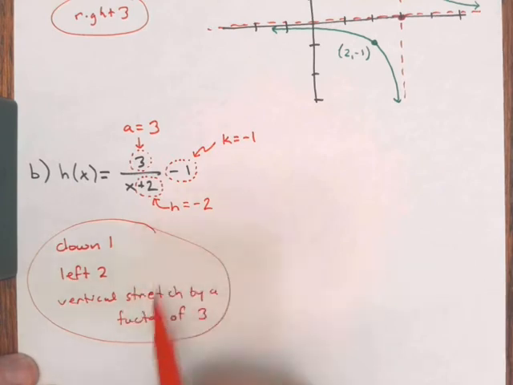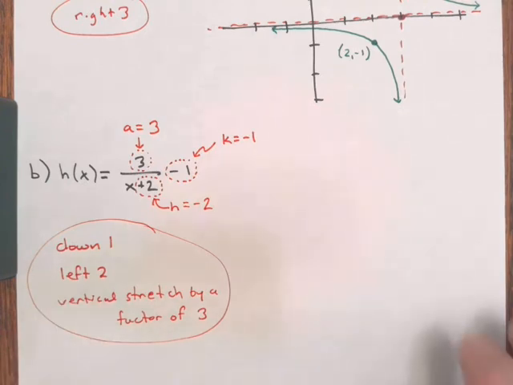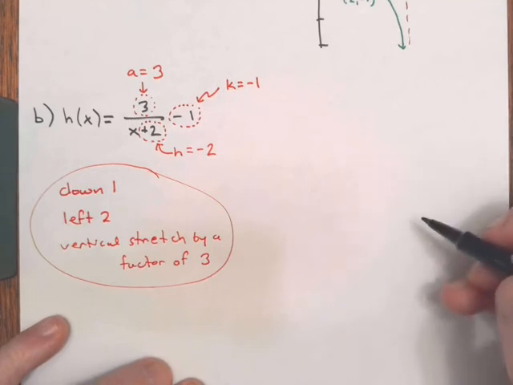So one part of the directions is to list out any of the 4 possible transformations. This one has 3 of the 4. And then from there, we want to draw in and sketch a quick little graph.